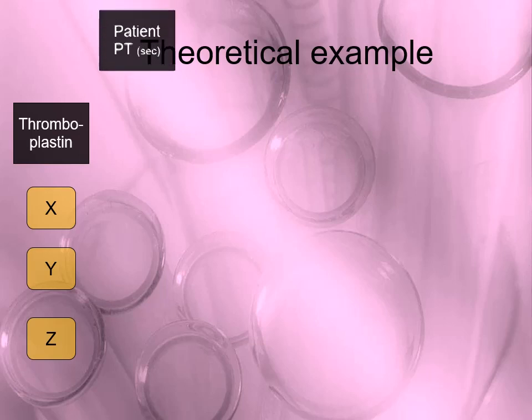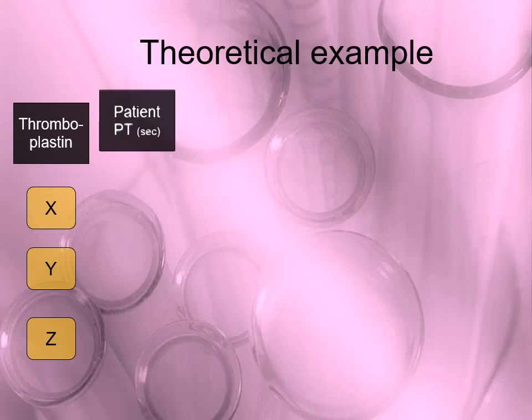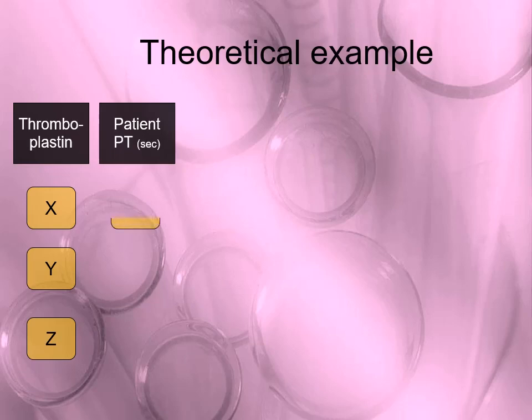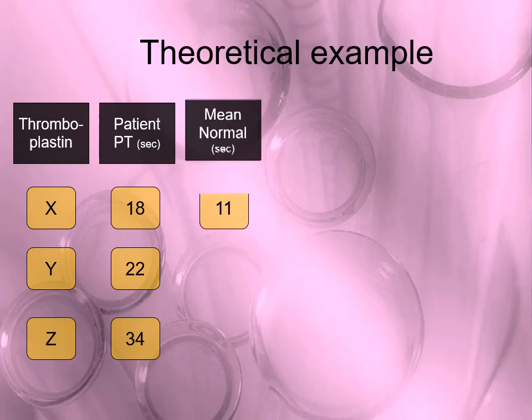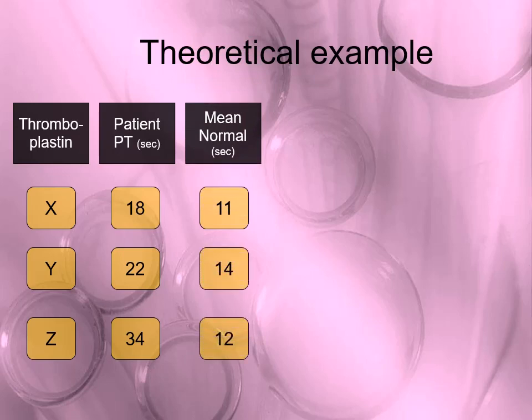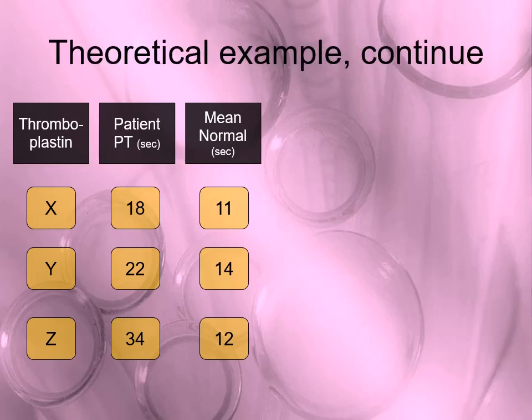Let's say that the reported patient prothrombin time in seconds in our lab is 18, 22, and 34 consecutively, and the mean normal in seconds is 11, 14, and 12 consecutively.